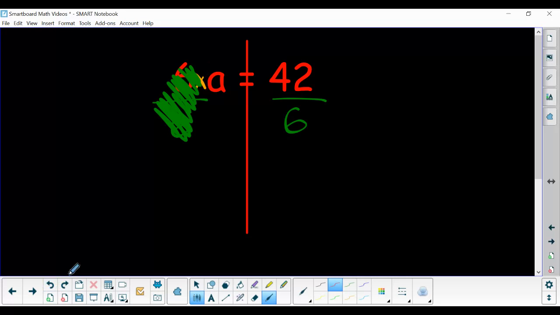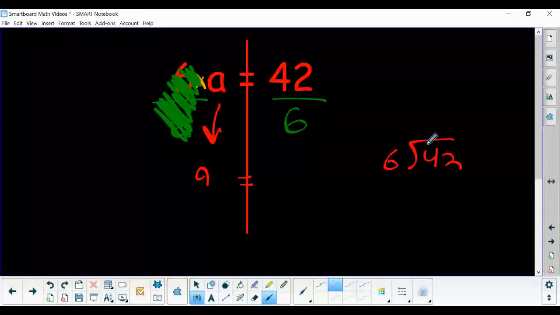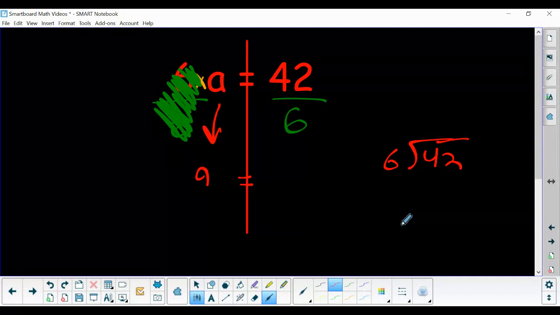We have a by itself. That's what you wanted. So I'm going to bring down a. Now I'm going to divide 42 by 6. So let's see what we get from there. How many times does 6 go into 42? 7 times. 6 times 7 gives me 42. So a equals 7.